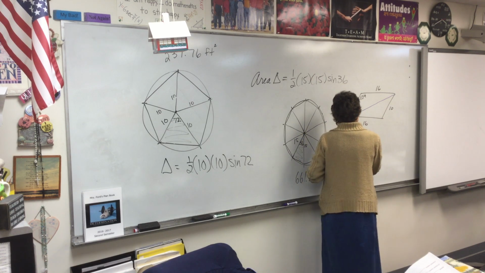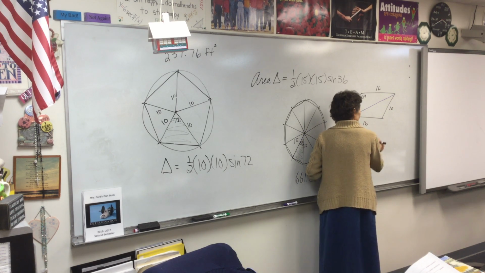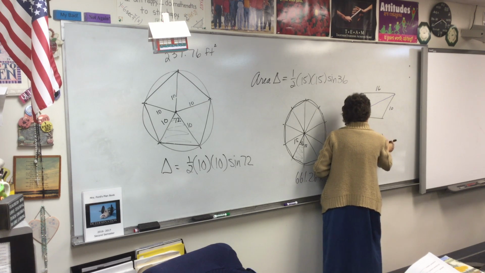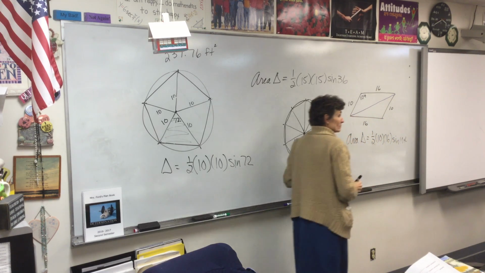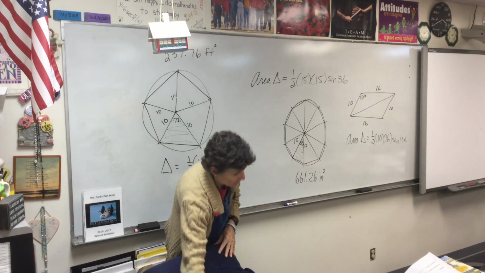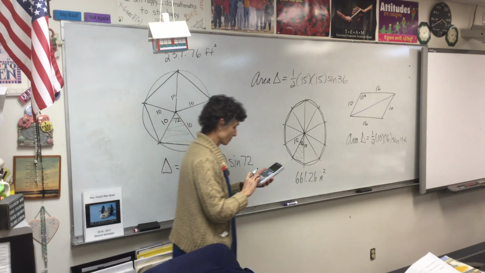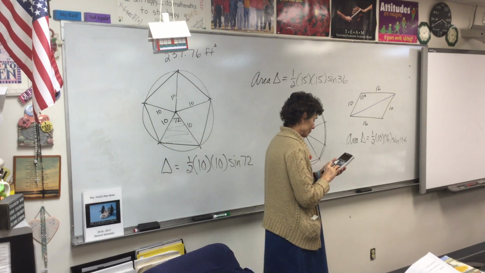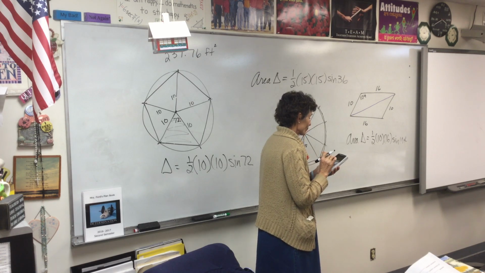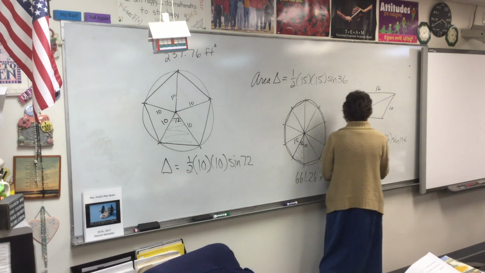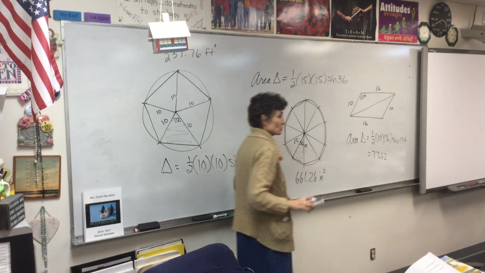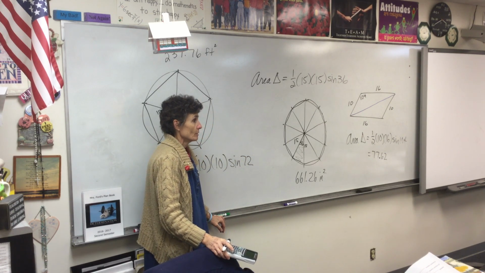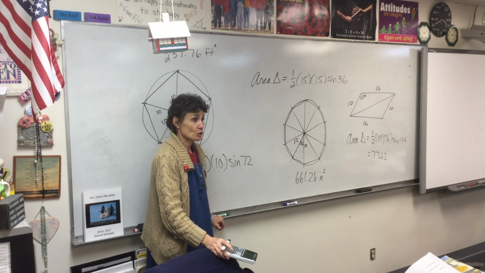So what's the area of that triangle? 1/2 times 10 times 16 times sine 104. Is that what you're putting in the answer line? No, because you gotta times it by 2.